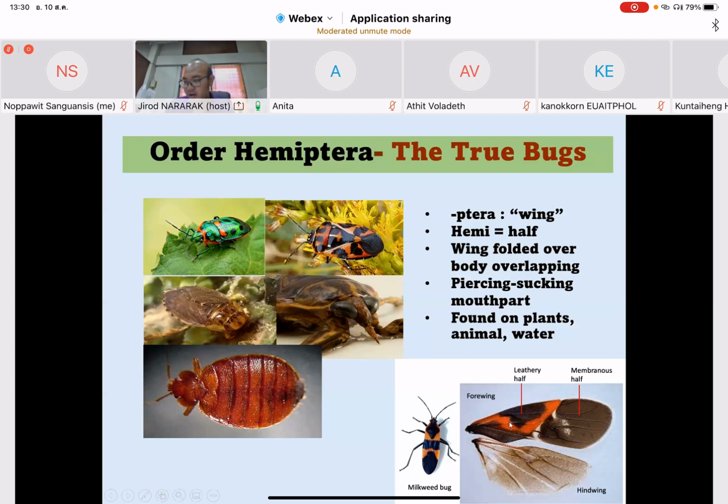Here is sclerotized, and then we can see a dividing line here, and the other half of the wing is membrane. So half is a strong one and the other half is a soft one. So that's where the name Hemiptera comes from.